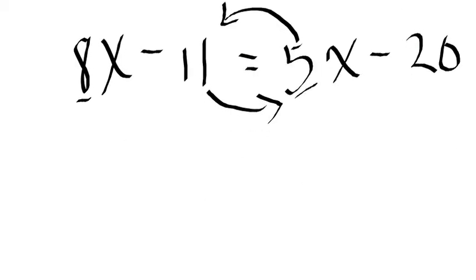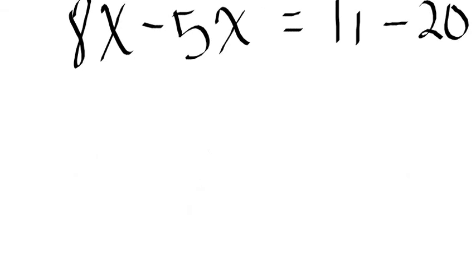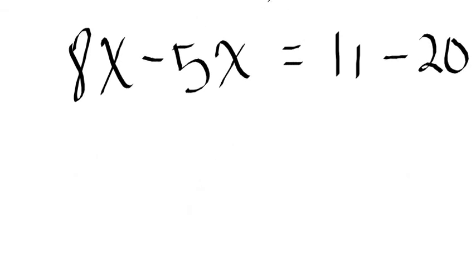We're trying to solve for x, so we have 8x minus 5x is equal to 11 minus 20. So that's going to give us 3x, right? Yeah. And 11 minus 20 is negative 9.